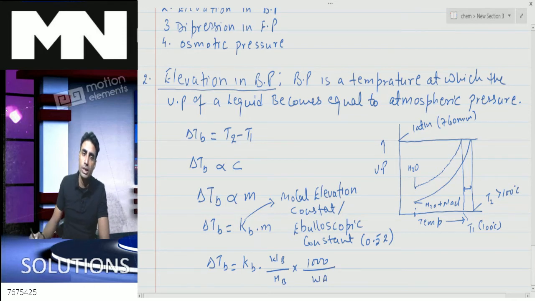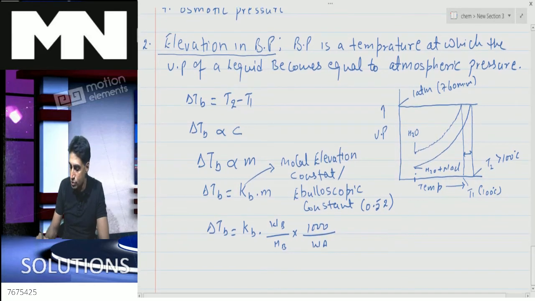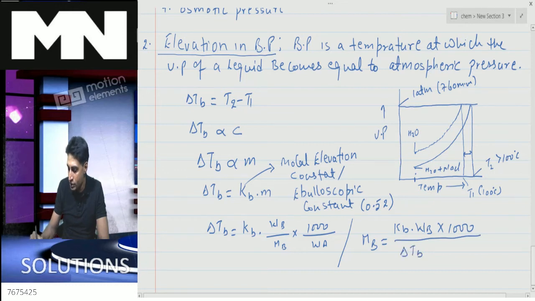As I told you earlier, the main utility of colligative properties is to calculate the molar mass of an unknown solute. So this formula can be used for calculating the molar mass of an unknown solute. What I can do, I can write Mb is equal to Kb into Wb into 1000 upon delta TB into WA.